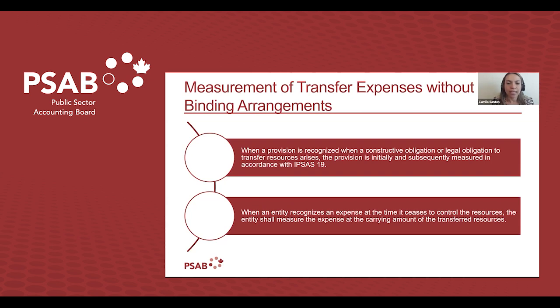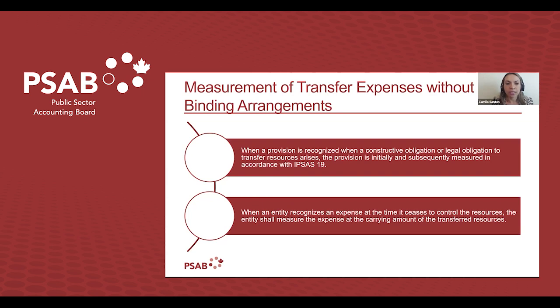Where an entity recognizes an expense at the date it loses control of the resources, which is usually when it transfers those resources to the transfer recipient, the entity measures the expense at the carrying amount of the resource transferred. In many cases, the resources that are transferred will be cash, and the expense is measured at the amount of the cash transferred.